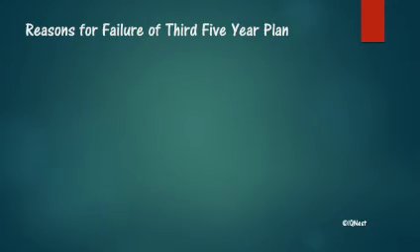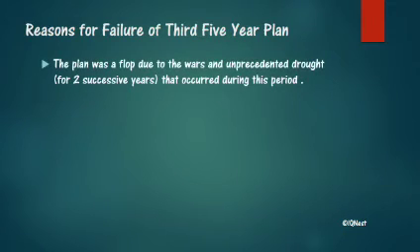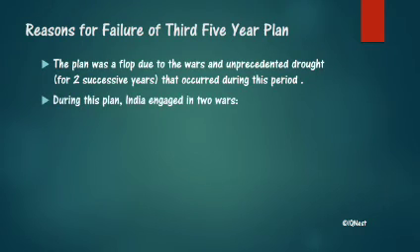So now we will be discussing the reasons for the failure of the third 5-year plan. The first important point is the plan was a flop due to the wars and unprecedented drought for two successive years that occurred during this period. The second point is during this plan, India engaged in 2 wars.